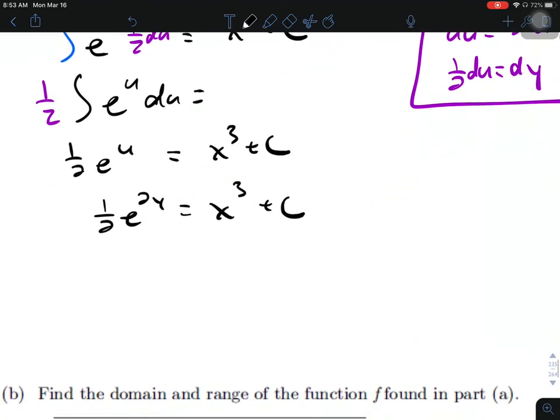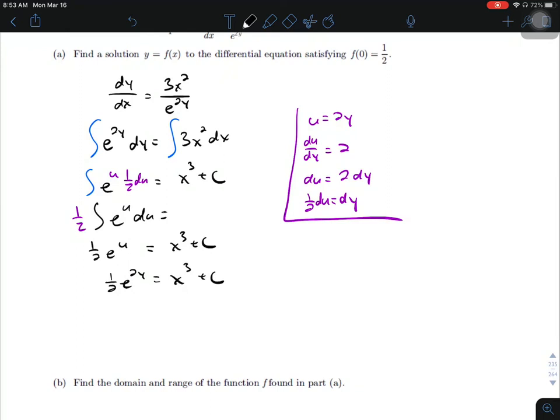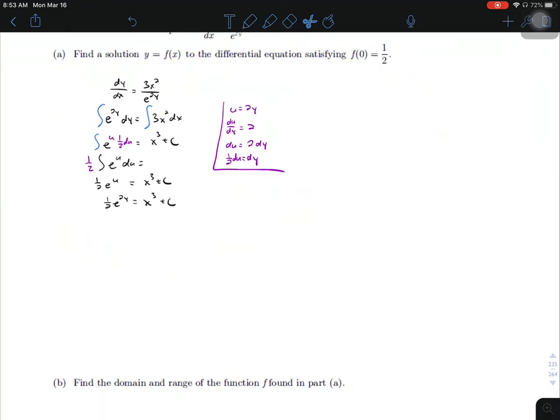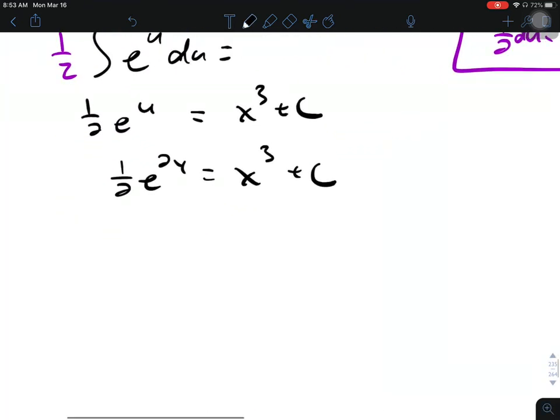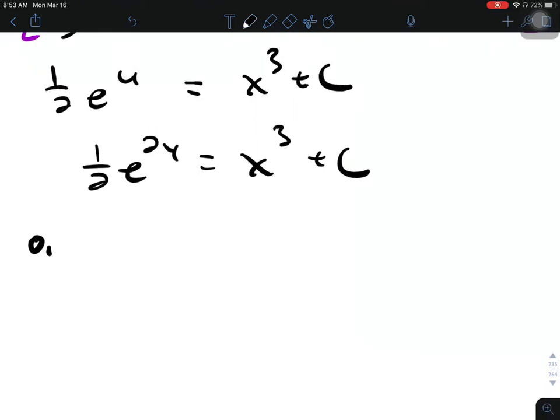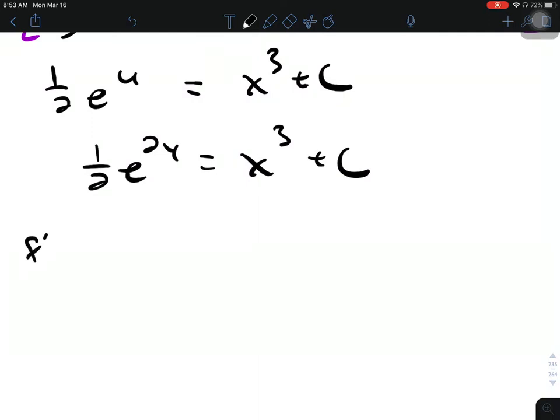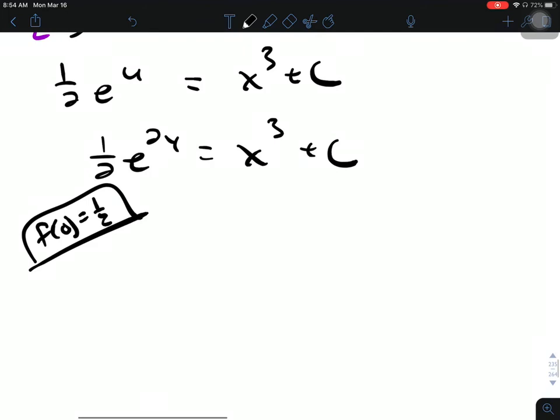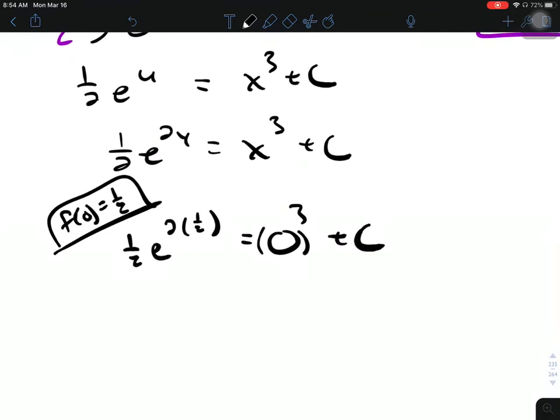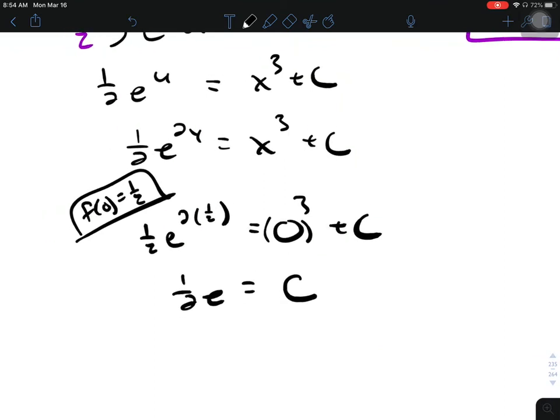If I then take, boy, I'm writing super big right now. If I then take the ordered pair that I was given, which is 0, 1/2, and I put 1/2 in for y and a 0 in for x, I'm going to get 1/2 e to the first equals c.